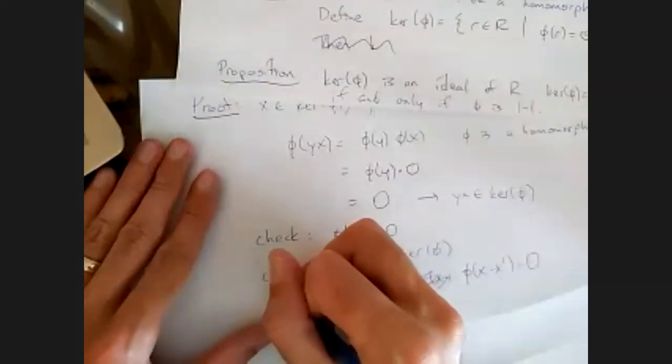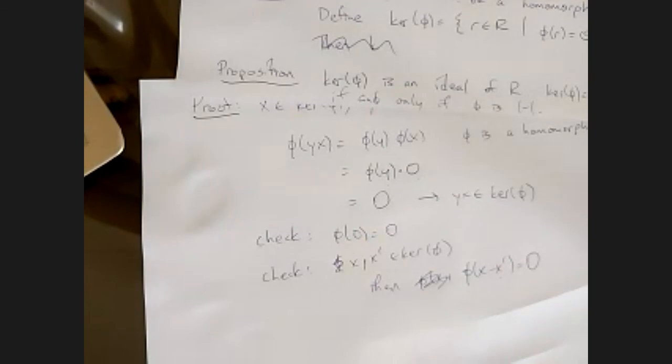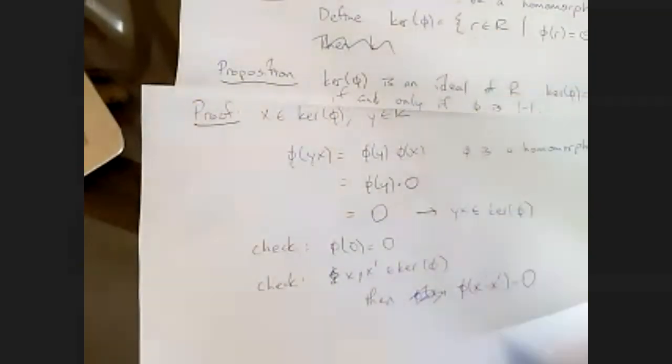Okay, so you check those two things, then that tells you that the kernel of phi is an ideal, along with this first part. So now every homomorphism gives us an ideal. Every ideal gives us a homomorphism. But not only that, there's kind of an equivalence between the two. That's the first isomorphism theorem. We'll probably start next class with the isomorphism theorems.